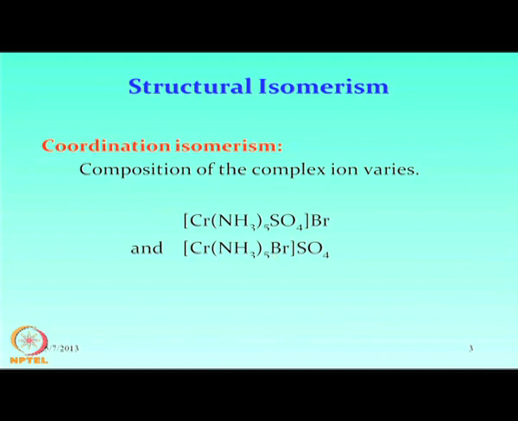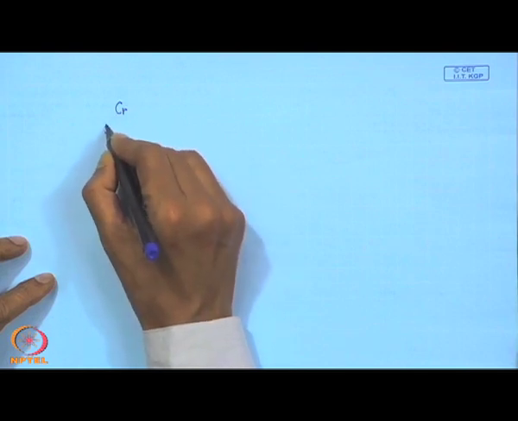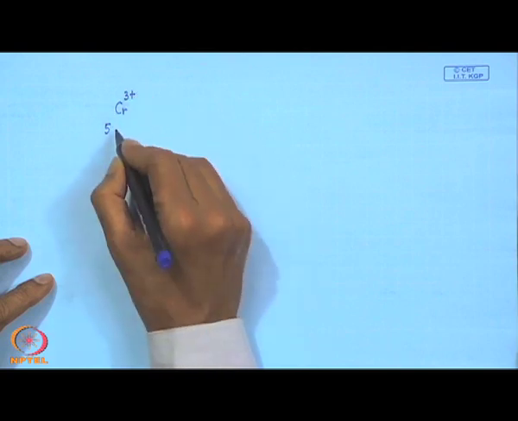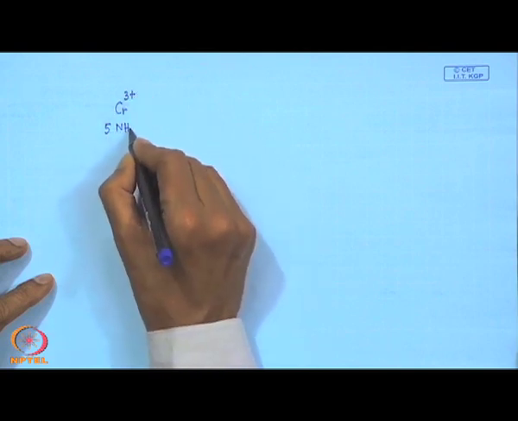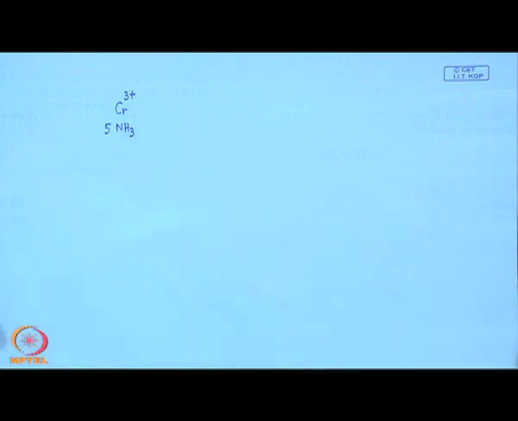So, how can that analysis vary? That analysis can give us some information related to the presence of these groups. What we are not changing is the chromium center, which is trivalent chromium, and the 5 NH3 groups. These are non-variant, these are fixed.